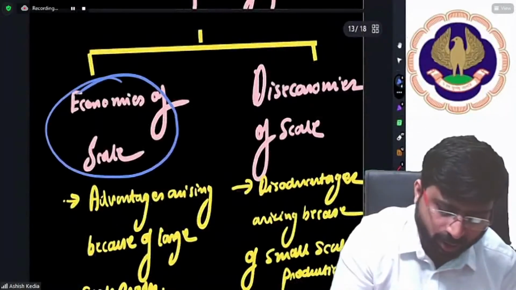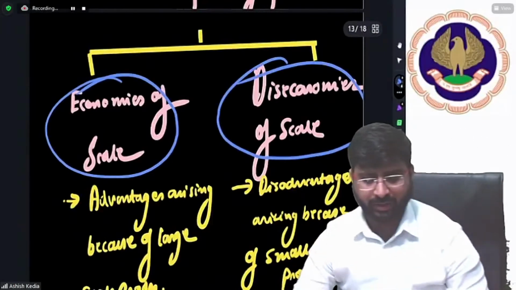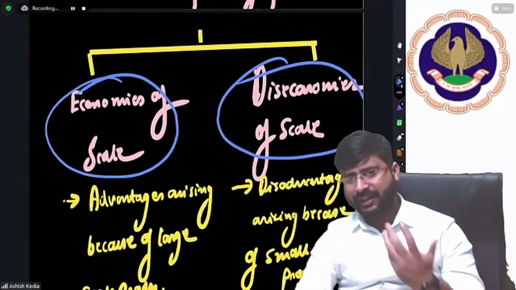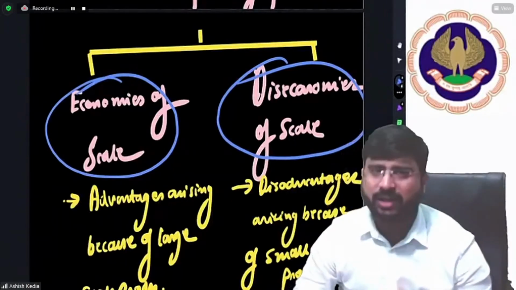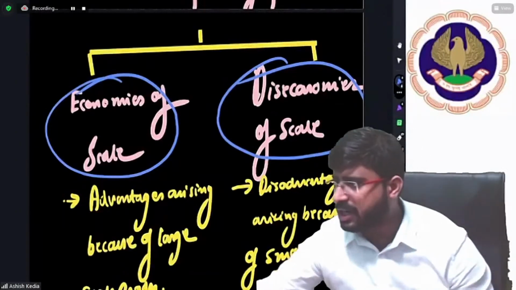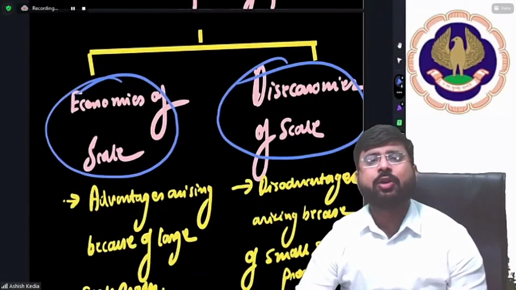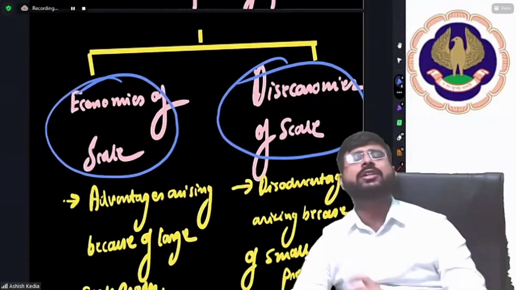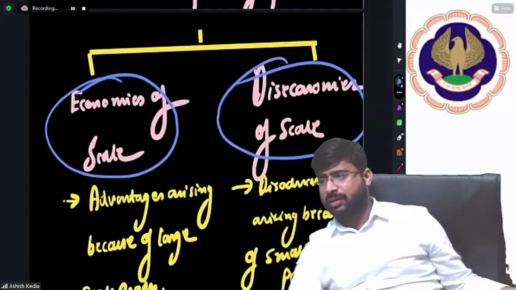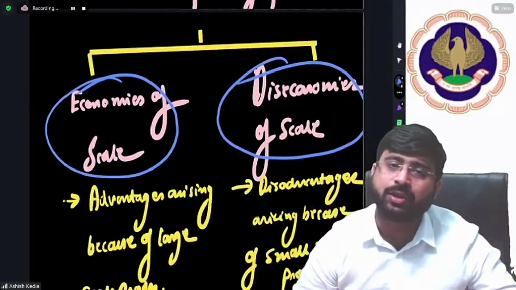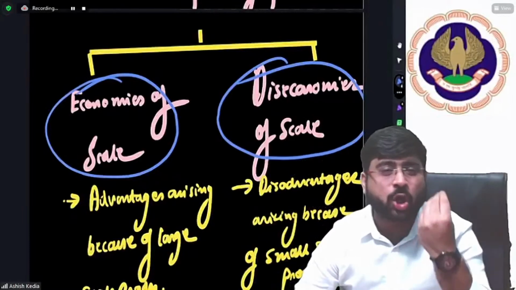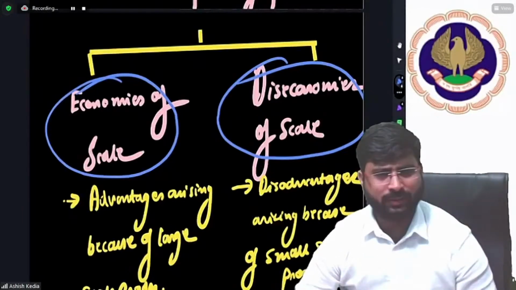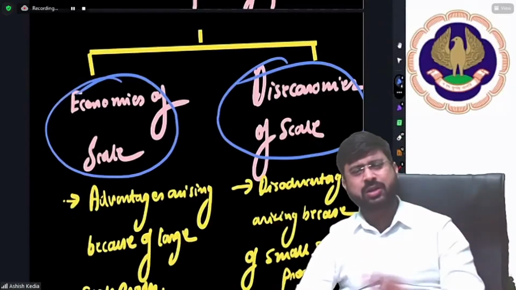Number one is economies of scale. Number two is diseconomies of scale. What are economies of scale? When an organization has decided that they will undertake production on a large scale, there is some benefit. What is the benefit? The cost per unit will be very little. That's economies of scale. Sir, we did not understand.